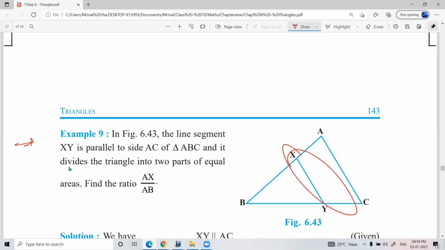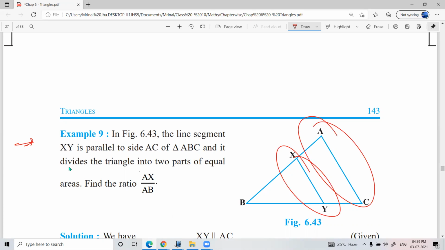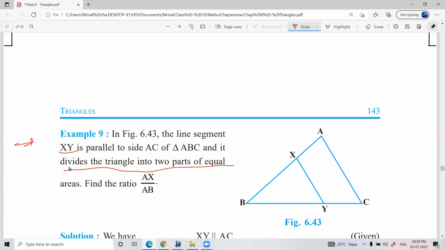So remember here xy is given, it is parallel to AC. So you might be tempted to use BPT over here, but BPT does not talk anything about the areas of triangles, right? So we have to think about the previous theorem, 6.6, we have just learned. They are saying xy is parallel to AC of triangle ABC and it divides the triangle into two parts of equal areas. What does it mean?